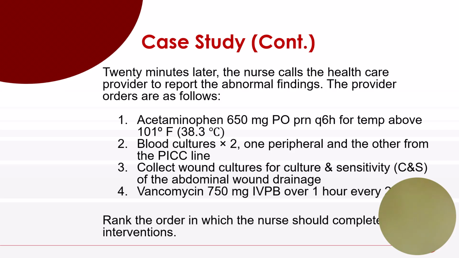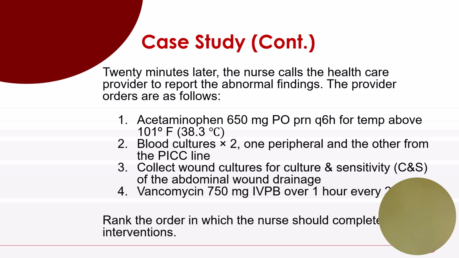So 20 minutes later, the nurse calls the healthcare provider to report these abnormal findings. Provider orders are acetaminophen, 650 milligrams PO PRN, every 6 hours for a temp above 101. Blood cultures times 2, one peripheral and the other from the PICC line.